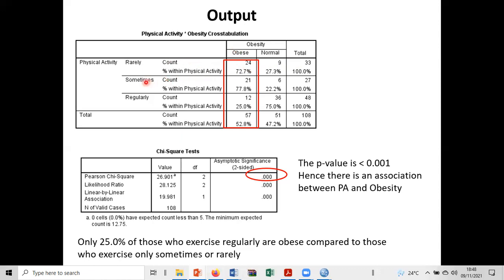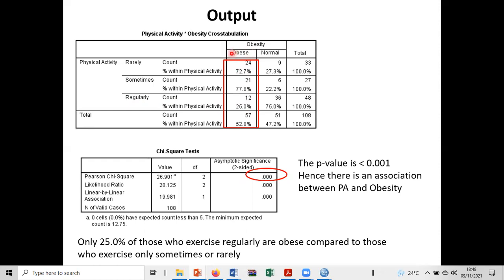Next, sometimes. 27 sometimes. Out of that, 21 are obese. Percentage, 77.8%. Regularly, total 48. Of the 48, 12 are obese. In percentage, 25% among the regulars are obese.